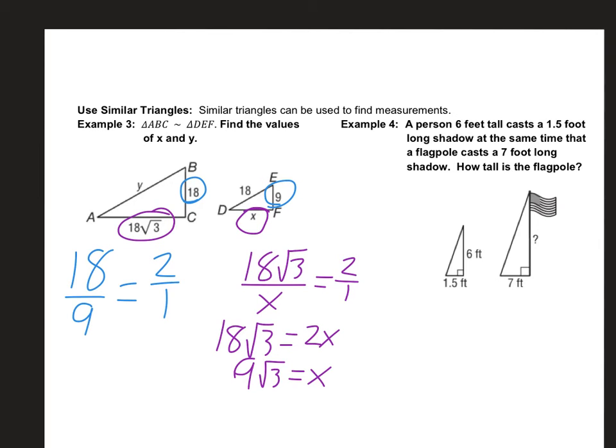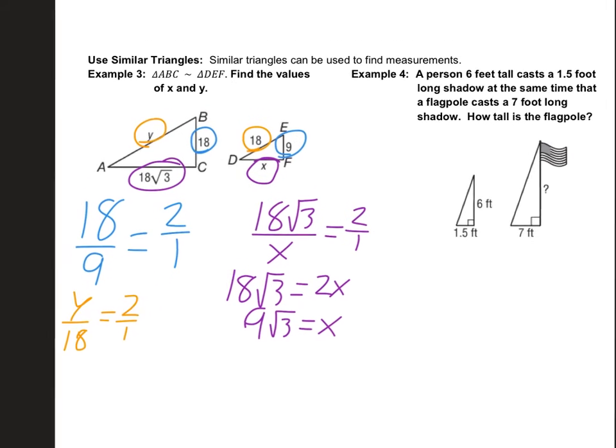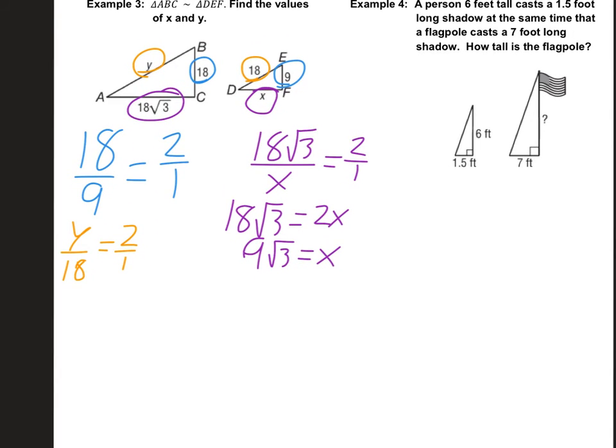To find our y, we're going to use y and 18. So y to 18 must be equal to our 2 to 1 ratio. Cross multiplication: y is equal to 2 times 18, or y is equal to 36, thereby finding our x and our y.